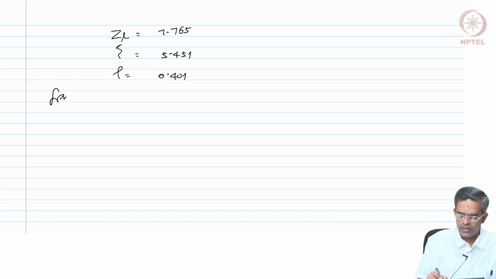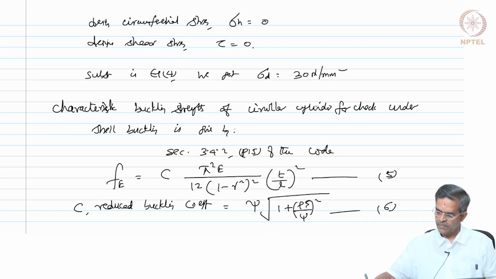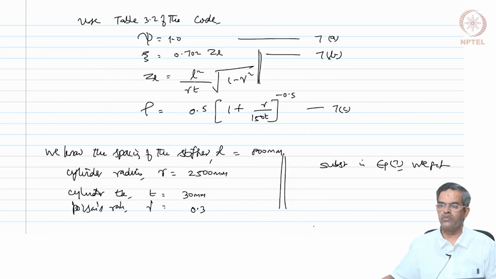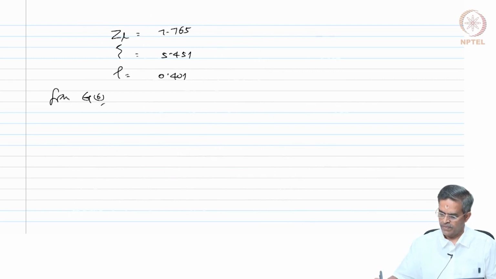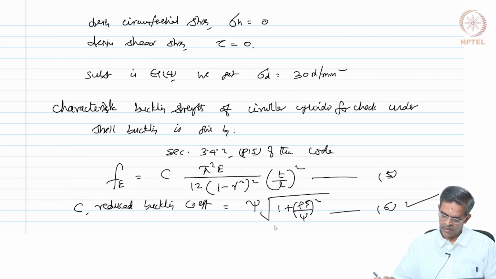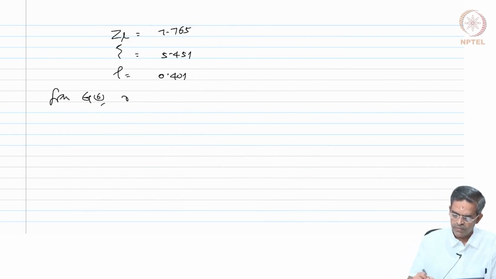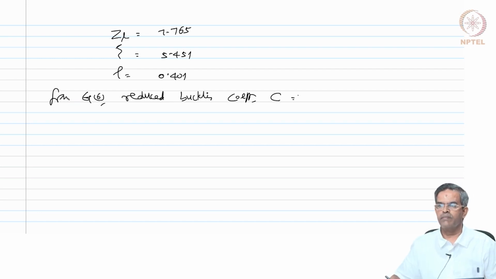Now from equation 6, we get the reduced buckling coefficient, which is 2.404.